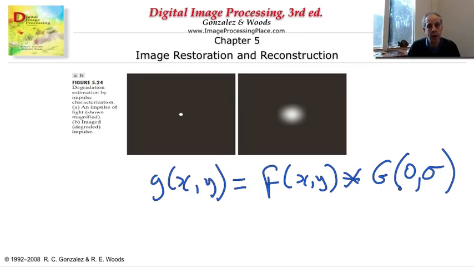Now, if you know that there is a Gaussian function that is affecting your observation, so this will be my observation, this will be my g. If you know that g is the result of f with a Gaussian filter, and you also know that f was actually a dot, a delta function, just a point, then in that very trivial case, you can actually estimate the blurring.